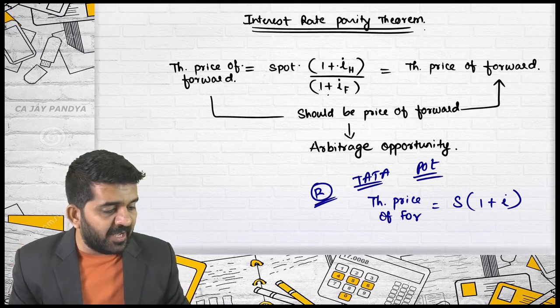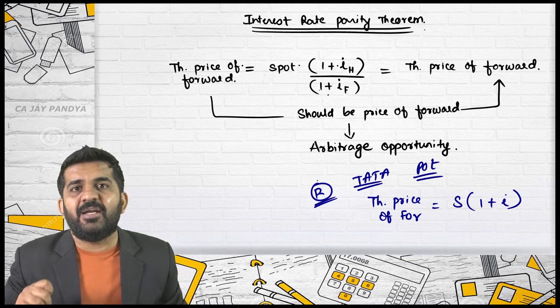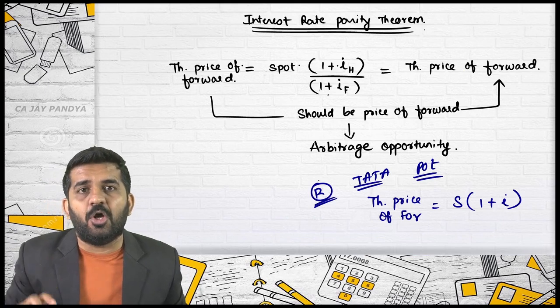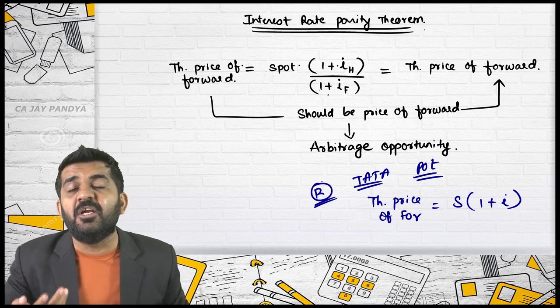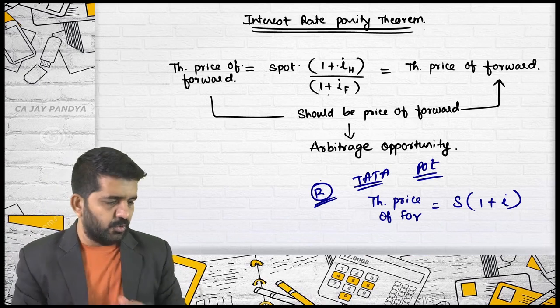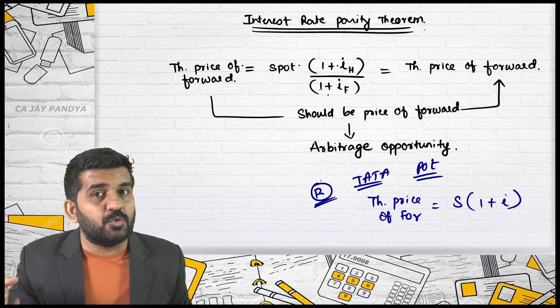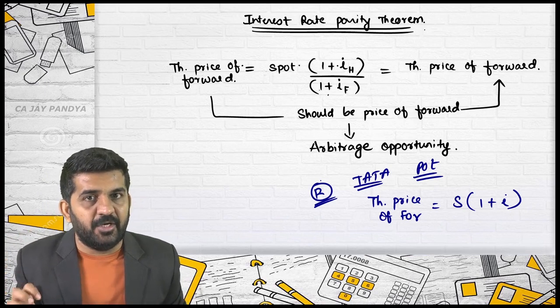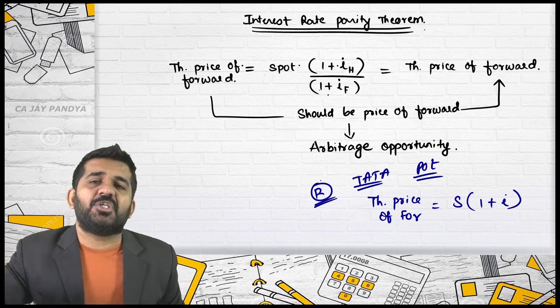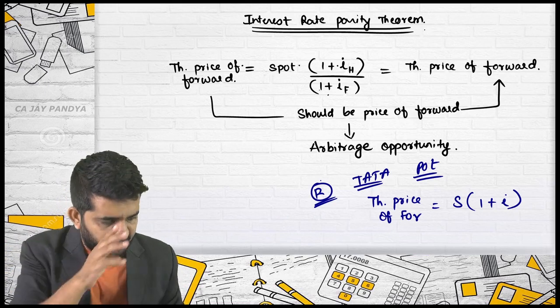Here, the price of dollar will be dependent upon the demand and supply of dollar also. It will be dependent upon the interest rate of USA also and the interest rate of India also. Is it alright? So there will be two factors influencing the price of forward. One is the demand and supply of dollar. Another is interest rate in USA and interest rate in India. Is it alright?